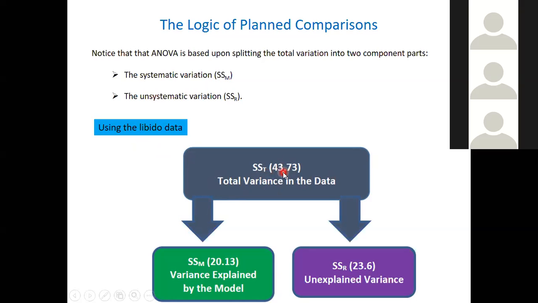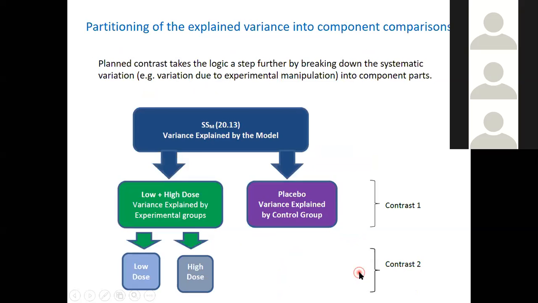The total sum of square is 43.73, split into 2: explained by the model is 20.13, and the unexplained variance, the one that your model could not explain, is 23.6. That is what ANOVA did.